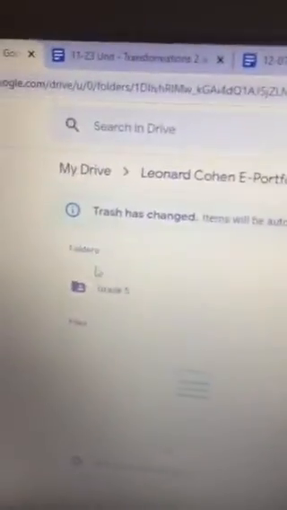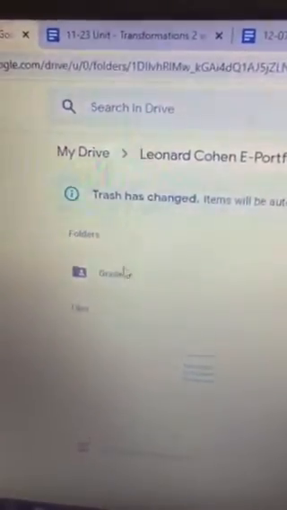Other than that, I do wish to share with you that I have followed the format that was suggested by my colleague Lexi, in which my e-portfolio is entirely online. So the e-portfolio, I have different headings here for grade 5. So I have, pardon me, as I'm turning it sideways.